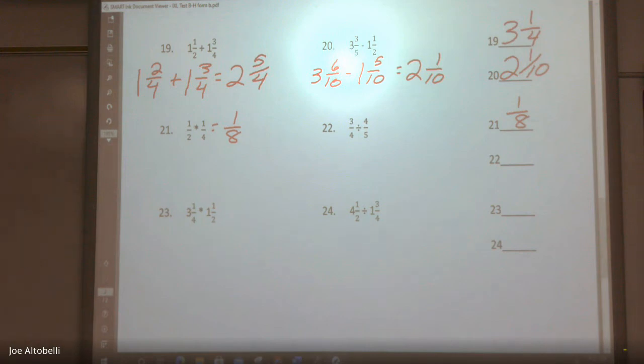When dividing by fractions, don't ask why. Flip the second and multiply. Not that one.